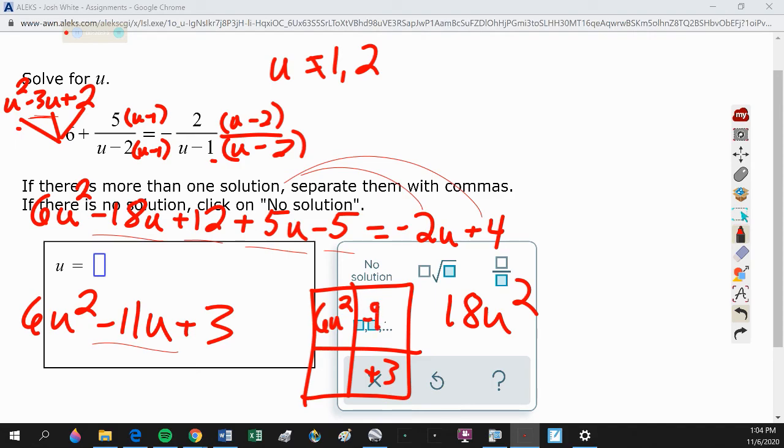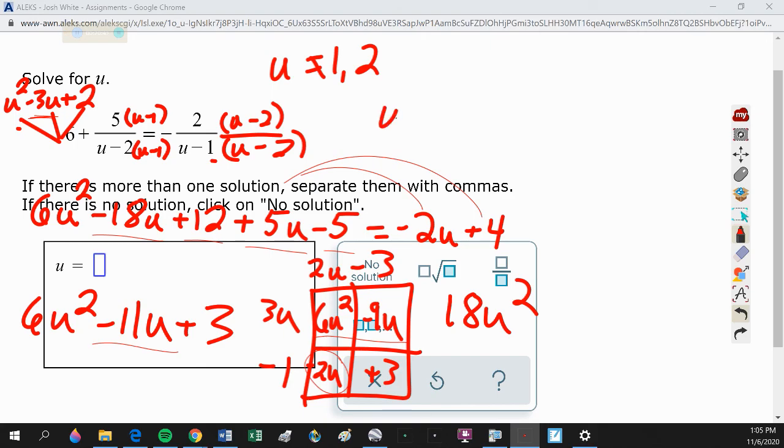So negative 9u and 2u. Those share a 3u, which gives me 2u minus 3. And if I take a 2u out of this, I get negative 1. And then I check that negative 1 times negative 3 is 3, so I must have done it correctly.